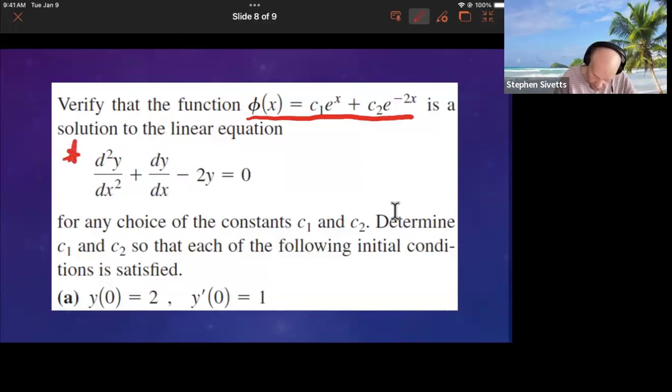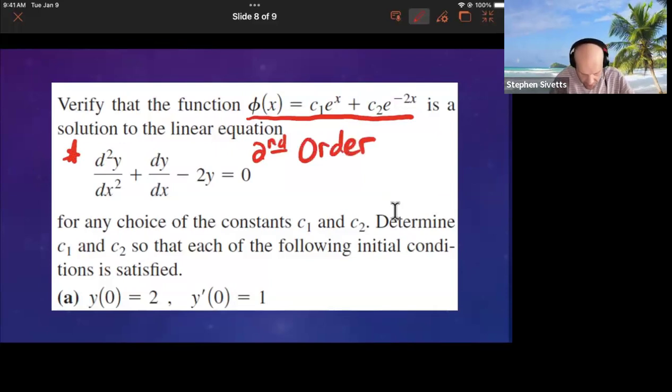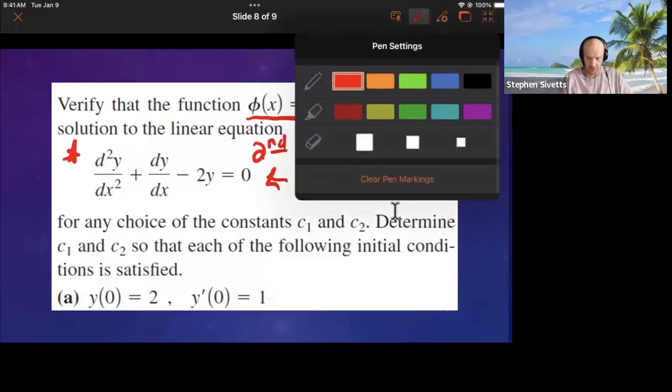It's a second order linear differential equation with constant coefficients. We will learn in future videos how to solve a second order differential equation of this type, and it's relatively easy.